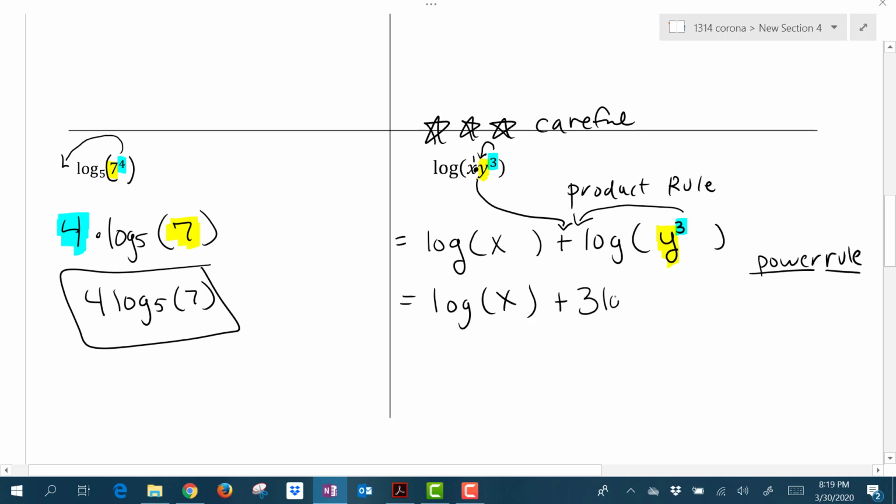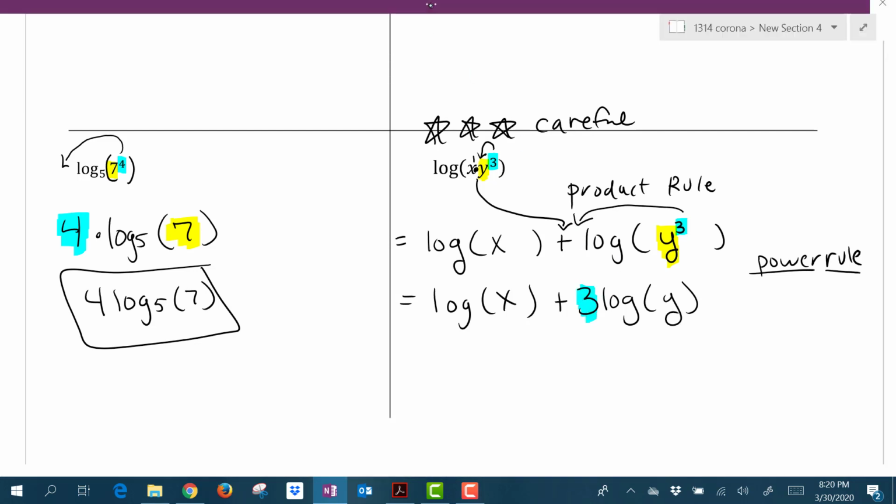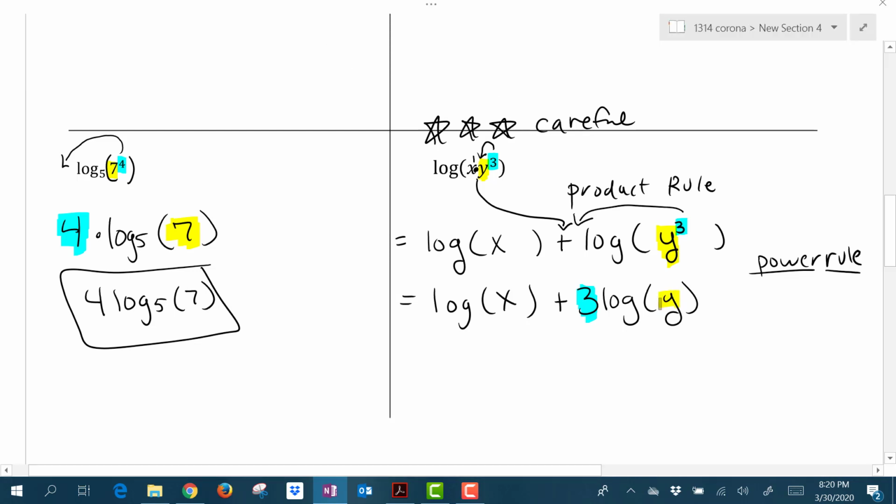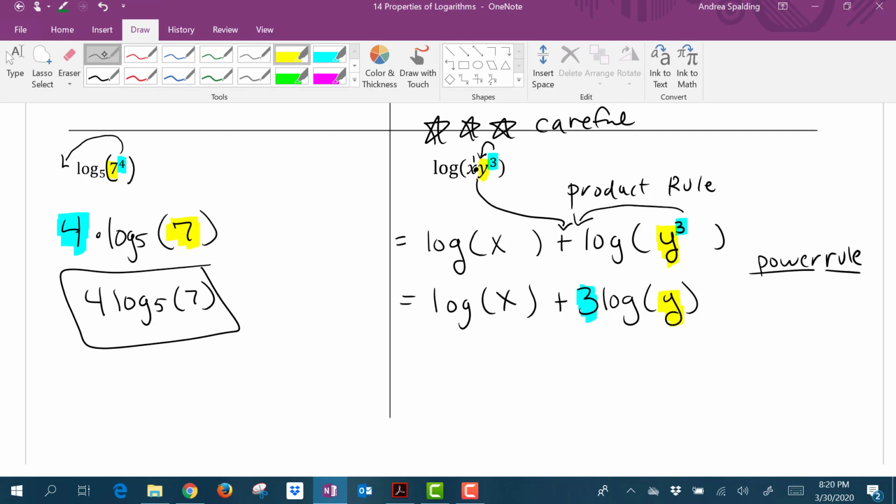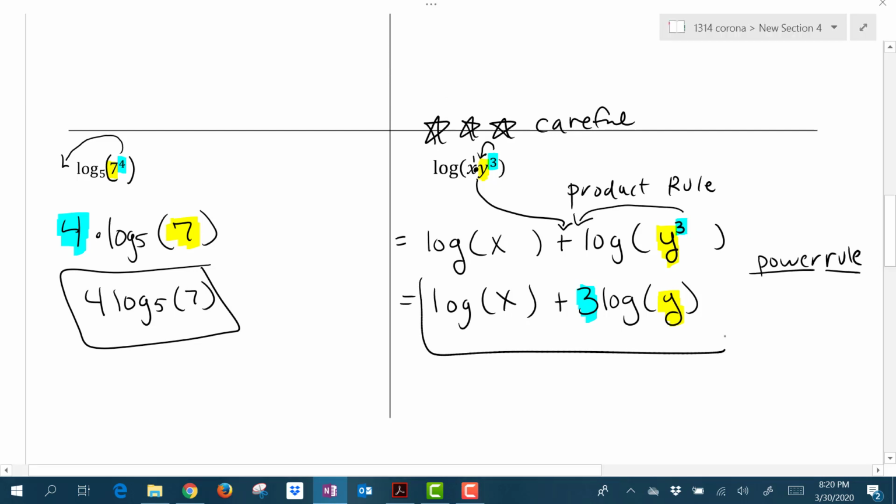So it becomes 3 times log, and what's left inside is just the y. So the 3 comes out front, and the y remains by itself on the inside. Alright, so this is called using our properties of logs to expand.